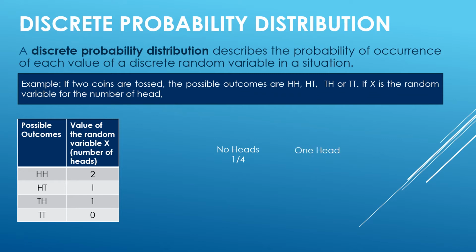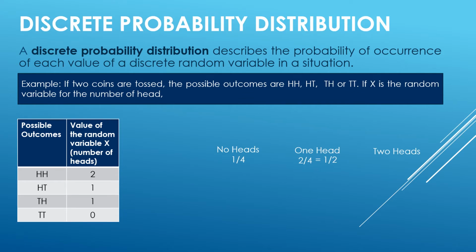Next, we go to the probability of getting 1 head. We will check on the table the probability of getting 1 head. So we have here head, 1, and another 1. So we got 1 plus 1, 2. 2 out of 4 outcomes, or we simply write that as 1 over 2.